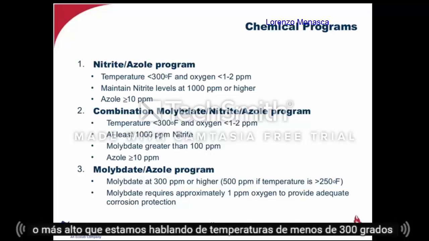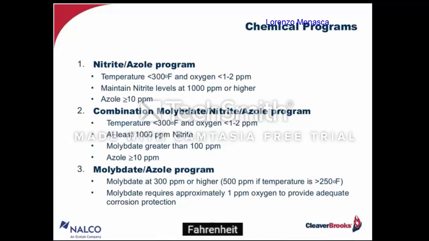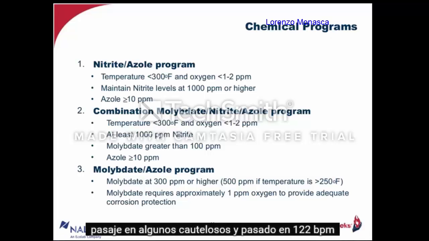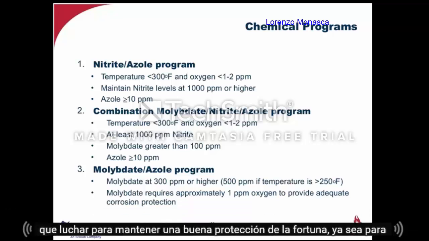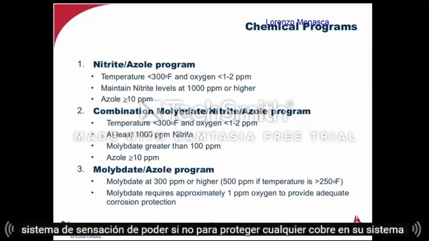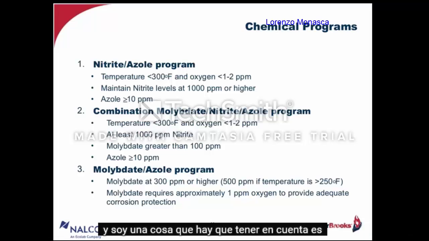We're talking about temperatures less than 300 degrees Fahrenheit, oxygen somewhere less than 1 to 2 ppm. If higher oxygen concentrations exist in your system, in other words, you have a fairly healthy makeup, then this program is really going to struggle to maintain good corrosion protection for the steel in the system. The azole is there to protect any copper in your system.